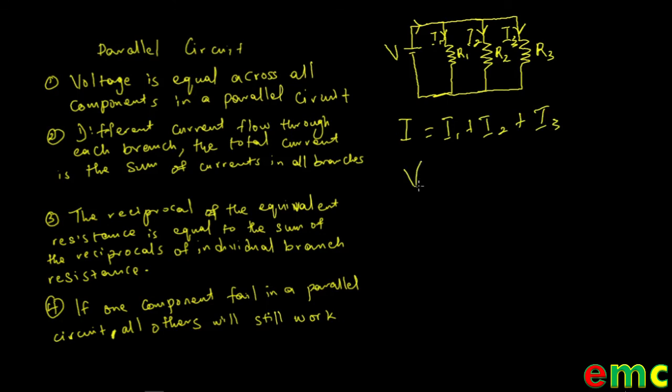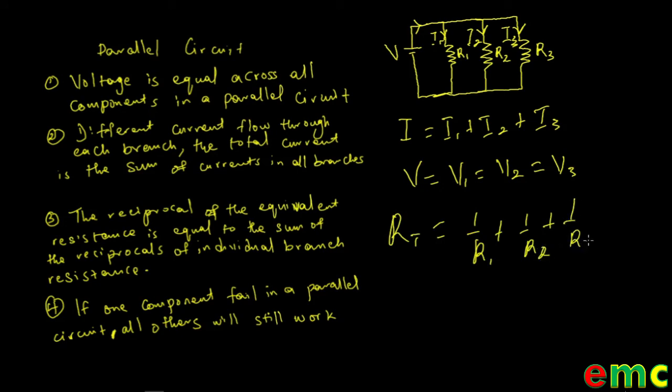But the voltage is the same across all the branches. The effective resistance of a parallel circuit is the inverse of the sum of the inverse of the individual resistances.